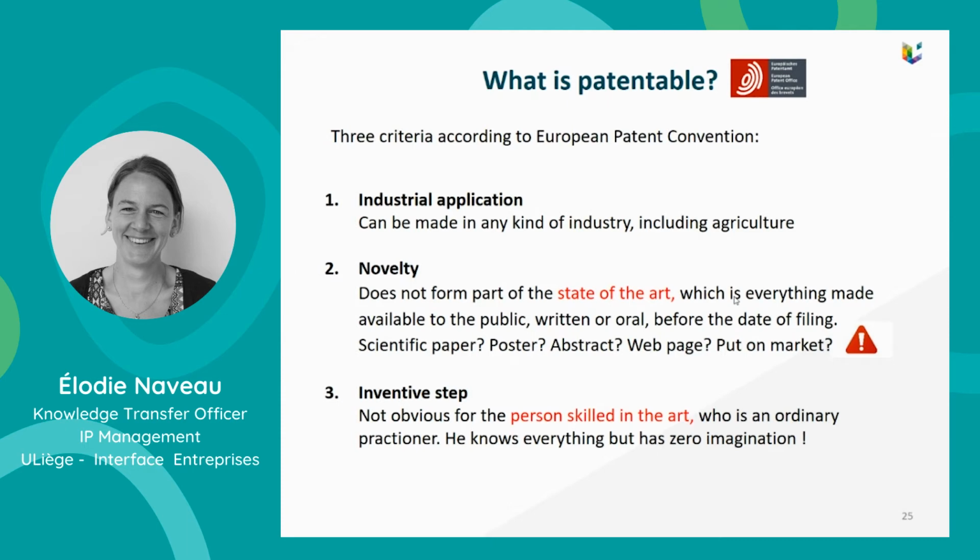So he has read the literature in the field, but he is not able to combine different documents together if he has no incentive to do so. So you see that this criterion is already something more difficult than novelty. And we will do an exercise so that you can understand how this inventive step is evaluated. It is really whether it is obvious or not obvious to come up with the invention.